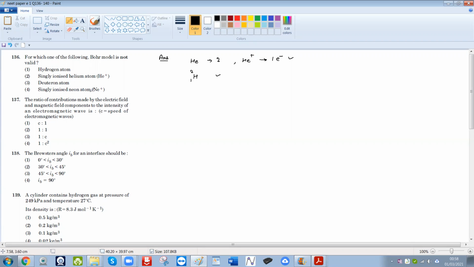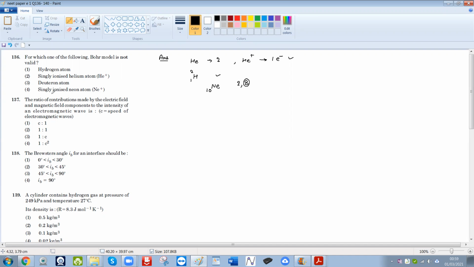Now if we consider singly ionized neon atom, now neon has atomic number 10. It is an inert gas. So out of 10 electrons, the electronic configuration is 2,8. So valence shell has 8 electrons.